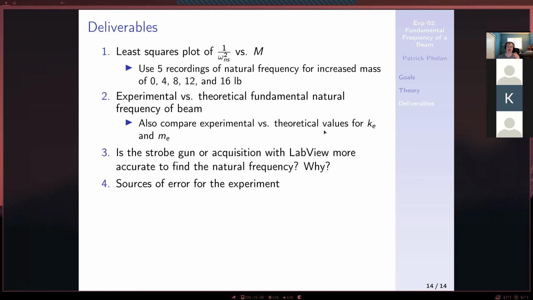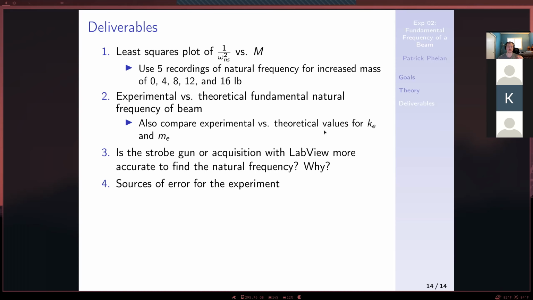So I think before I said you would calculate the experimental natural frequency from equation 3, but that wouldn't be correct because we're using that for our plot to find the experimental stiffness K sub B and the experimental effective mass M sub B. Basically, to find the experimental natural frequency, we're using the strobe gun and LabVIEW. We can get that basically directly. Might need to do a little math, but not too bad.